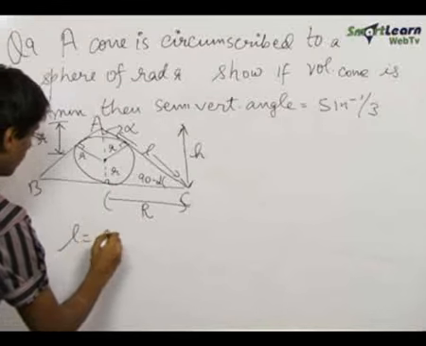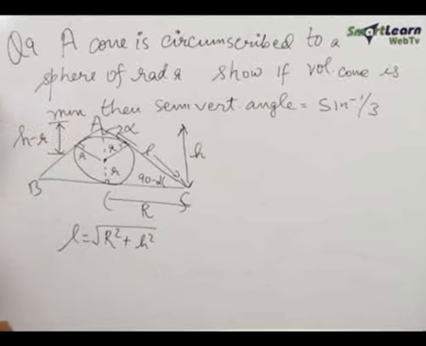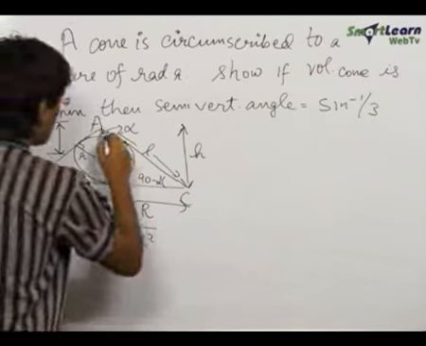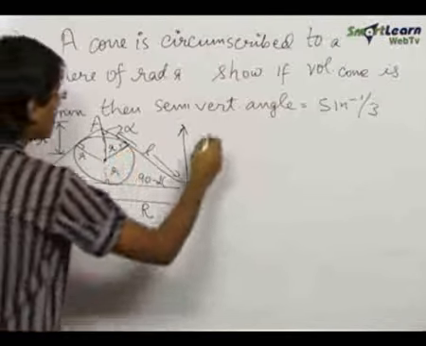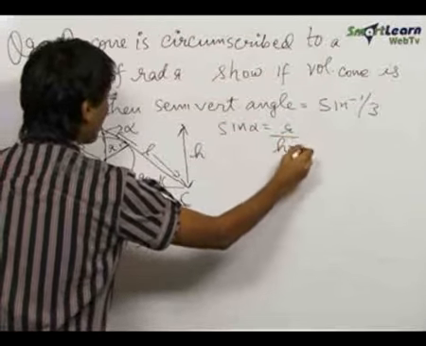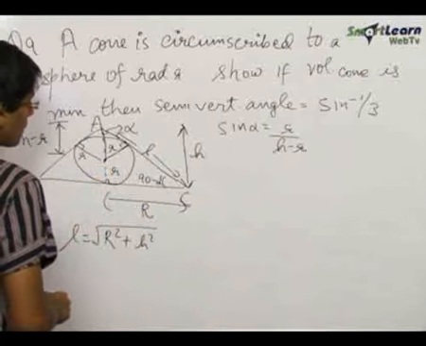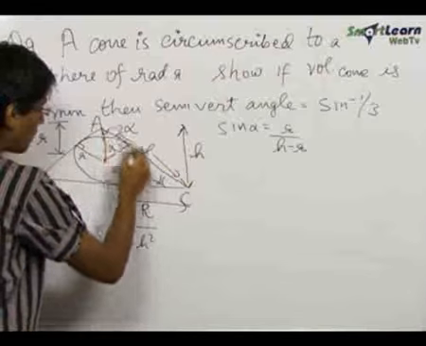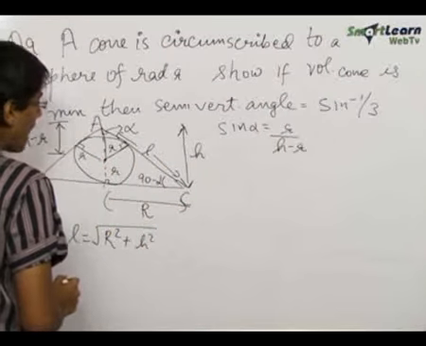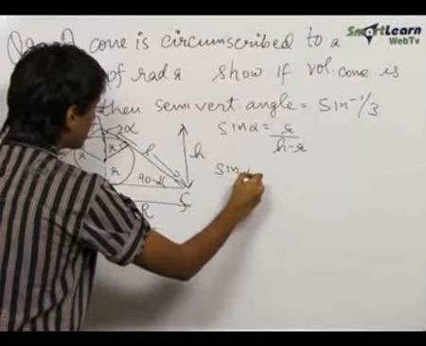So this L will be equal to under root of R square plus h square. So using trigonometry in this triangle, we have sine of alpha is equal to r upon h minus r. This is r, this is h minus r. And using trigonometry again in this big triangle, we have cos of 90 minus alpha, which is sine alpha.